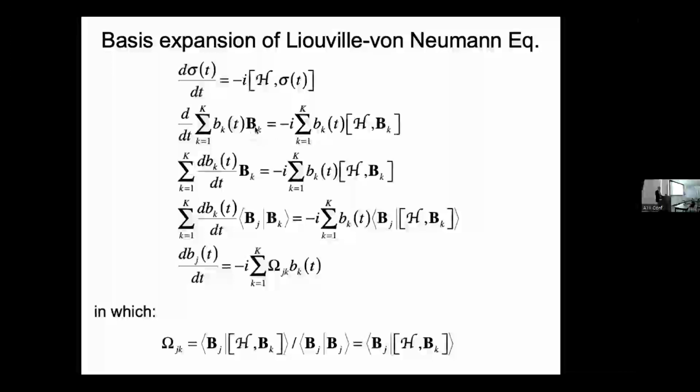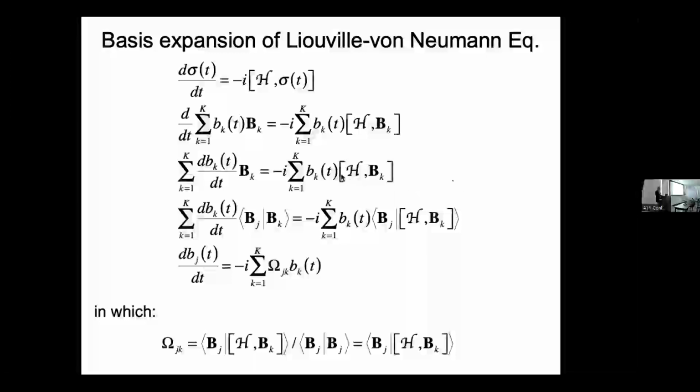So on this side, I have the time derivative, but the only thing where the time derivative comes in is the b's. The operators don't have time in them. And over here, I have these commutators. And I play my same game. I pre-multiply on the left by the adjoint of another operator, and then take the trace.